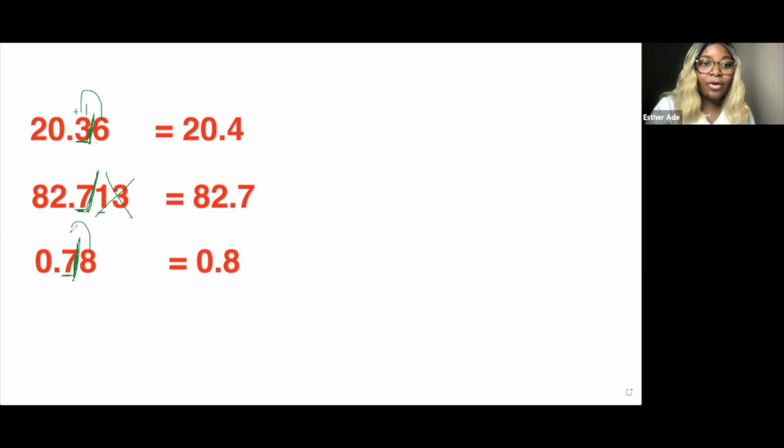So it can come over here and become plus 1. So that becomes 0.8. If this number was not up to 5, let's say it was like 4, so if we had 0.74, I would have just thrown it away and my answer would have been 0.7. It would remain 0.7 because the 4 is useless to me. All right.